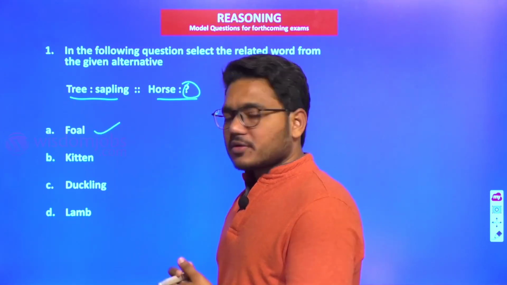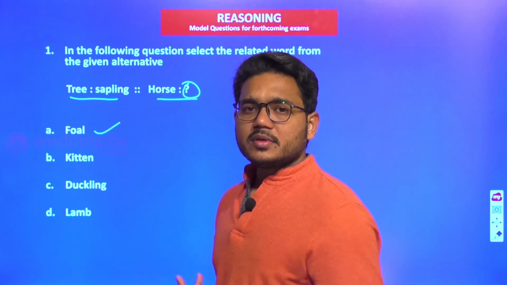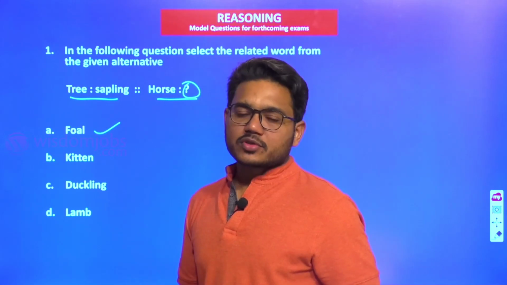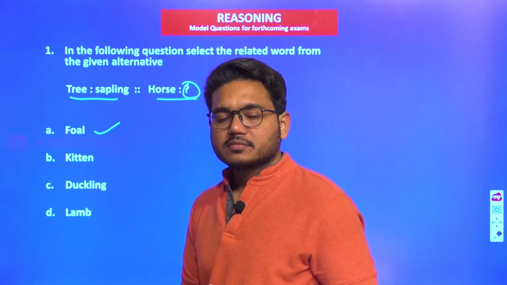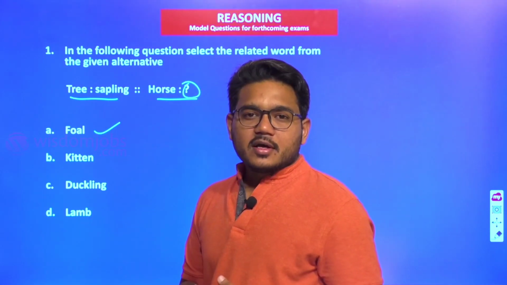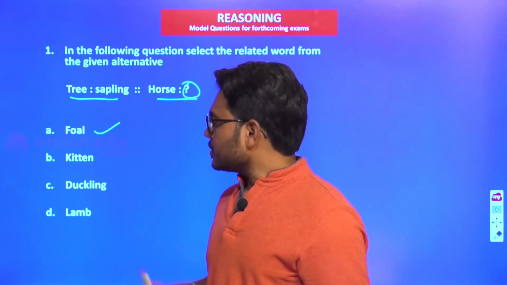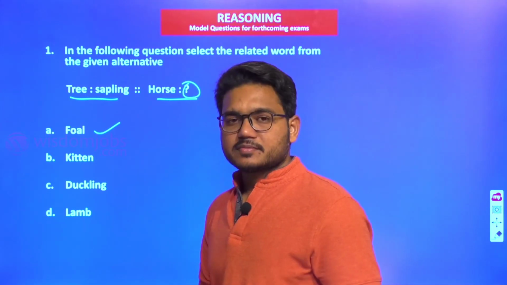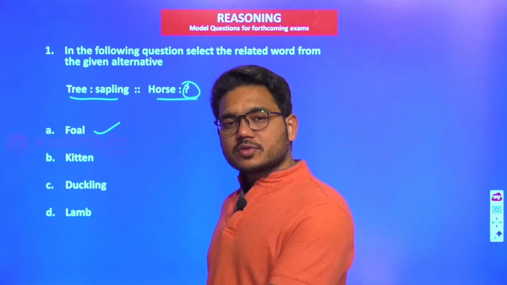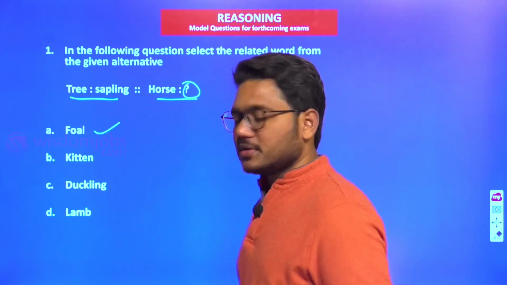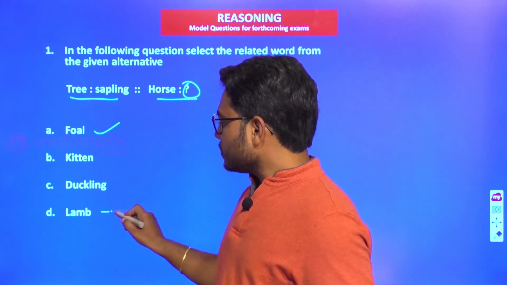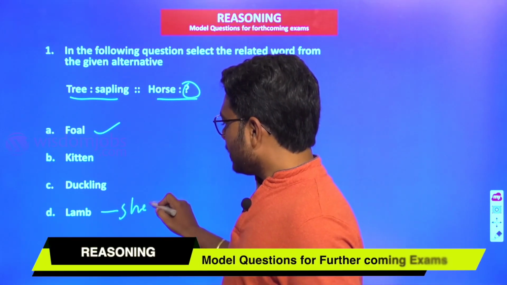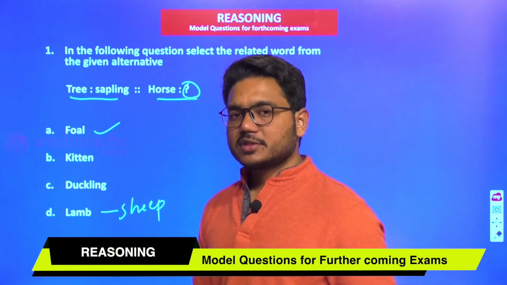My answer is foal. Probably most of you haven't heard this name. Even when I first saw this, I couldn't recognize the answer. The only way I got the answer was by eliminating the options. Lamb is the younger form of sheep.